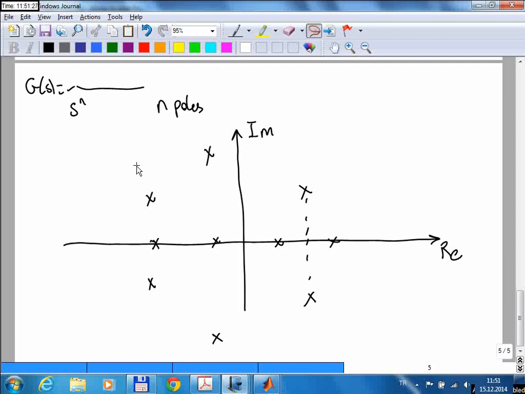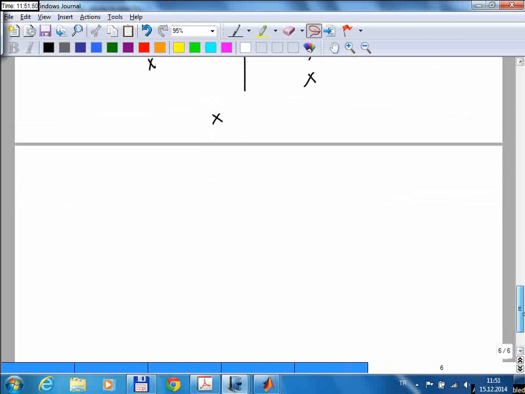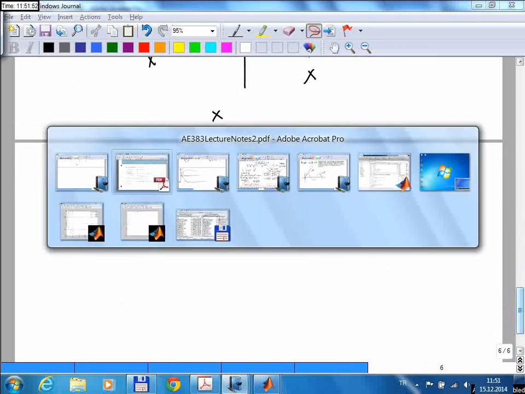For example, if you apply a step input to it, you can immediately see what you expect from that system if you know these poles. Okay, so at the end of this topic, you will be equipped with that information. But to form that information, I'm going to start with a simple example.